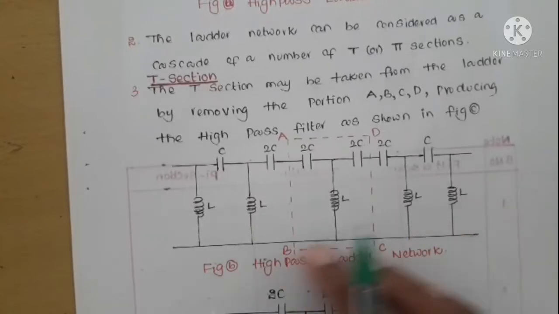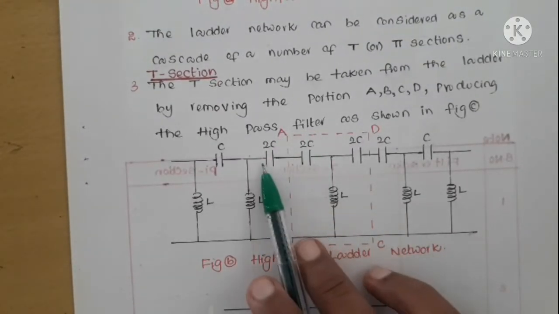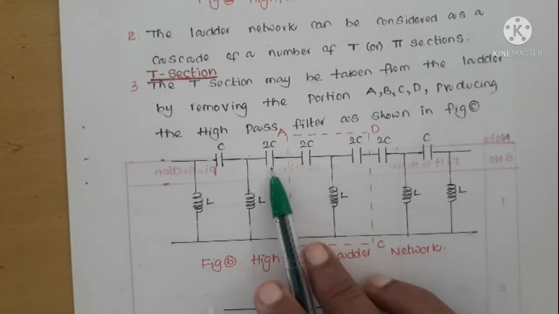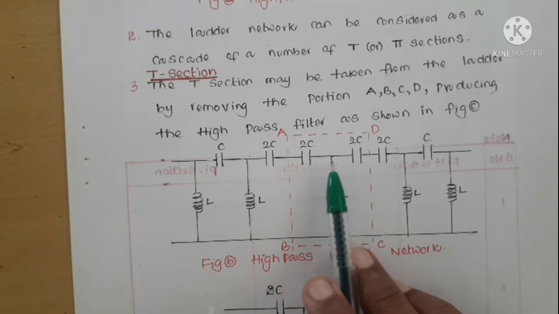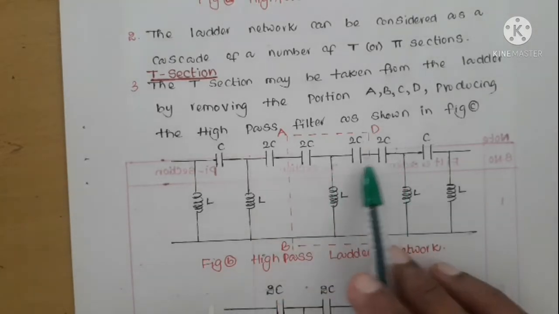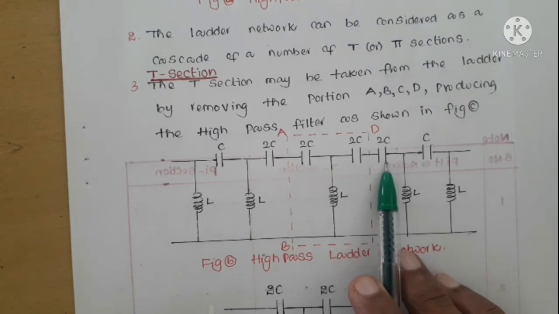We can do it like this. One capacitor can be written as two capacitors whose values are 2C and 2C; with 2C and 2C in series we get C. Similarly here, this capacitor value is 2C and this capacitor value is 2C.